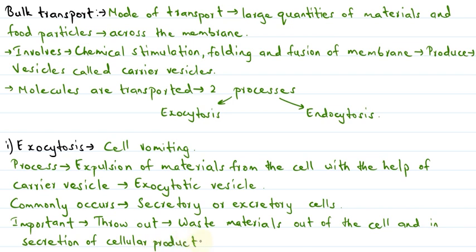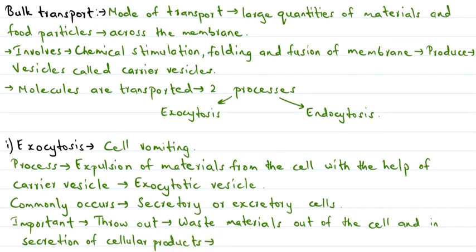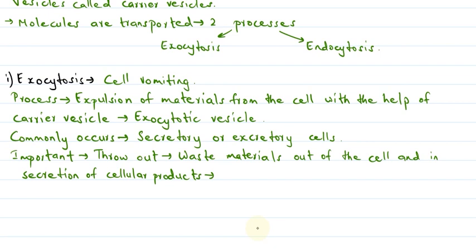And what are these products? Products like digestive enzymes or hormones. So for these purposes, this process of exocytosis is important.